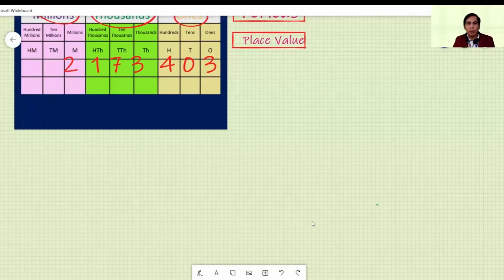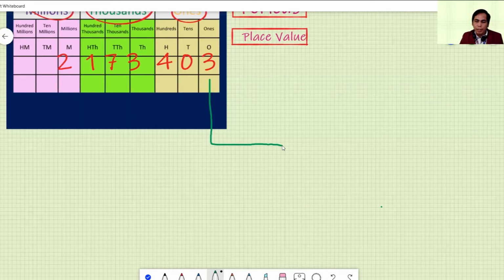The position or the place value of each digit in the place value chart will help us identify its value. So if we have the 3 which is found in the ones place, the digit 3 has a value of 3 because it's 3 ones or 3 times 1. So its value is 3.